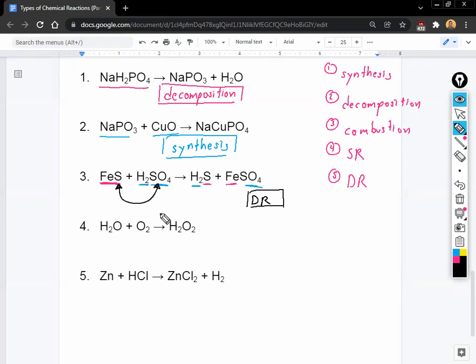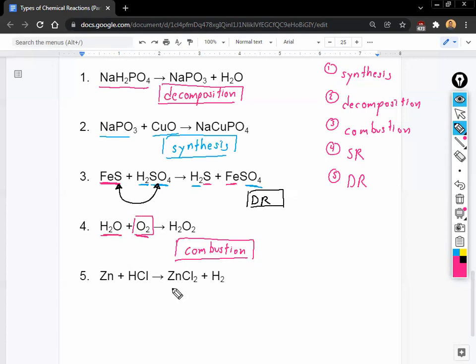All right, next one, we have a reaction with O2. If O2 is the reactant, that is called a combustion reaction. Combustion. So remember, if there is O2 on the left side with something else, that's going to be a combustion reaction.